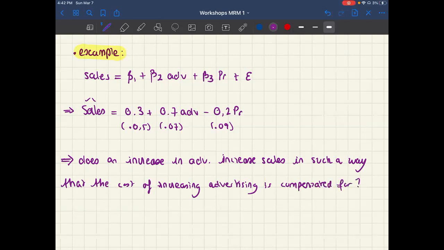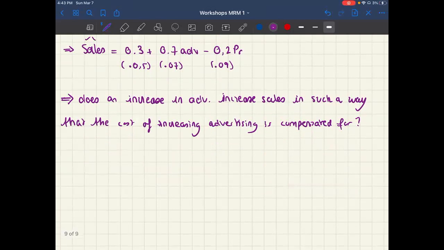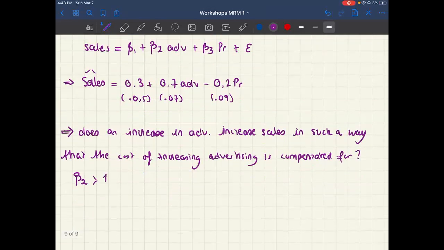And what I mean by that is, if I increased advertising by 1 unit, which would cost me one unit, let's say, to make things simple, would the sales increase by more than 1 unit in such a way that it would then cover the cost of advertising? So we want to see if beta 2 is greater than 1.